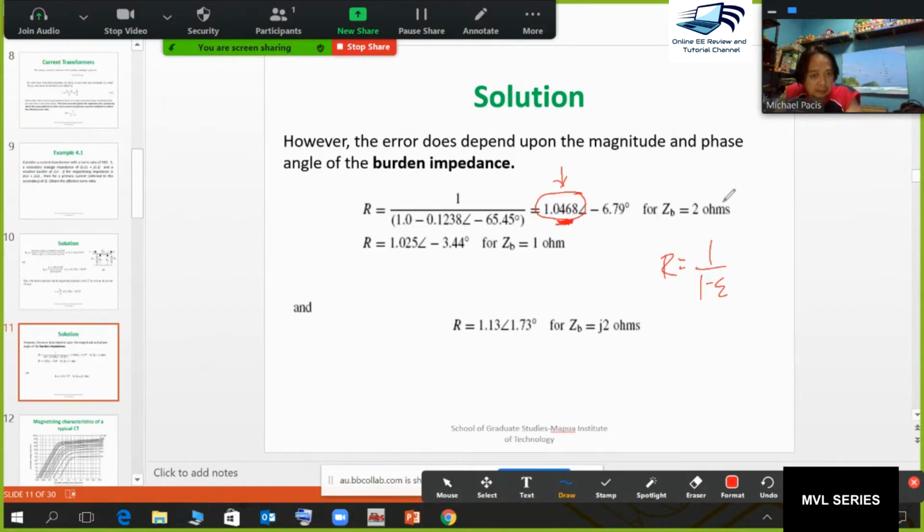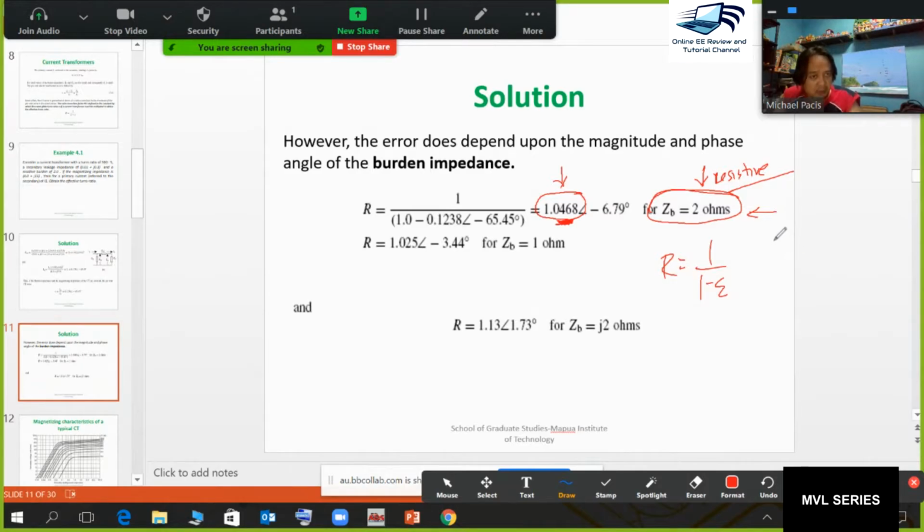However, this is for a burden of 2 ohms, resistive. Now, your burden may not be resistive. You can use reactive, or you can use a lower value of your resistive component. Because when you say ZB is 2 ohms, definitely this is purely resistive.